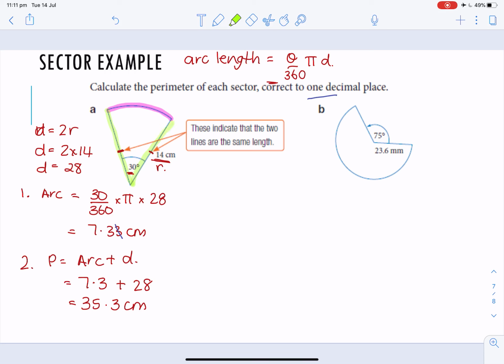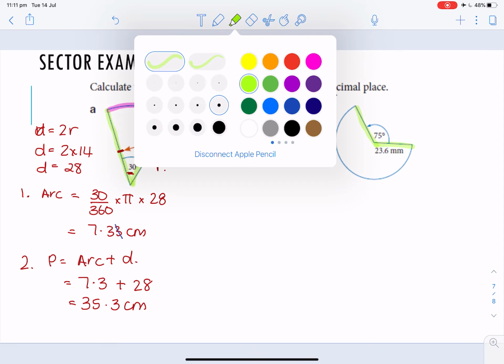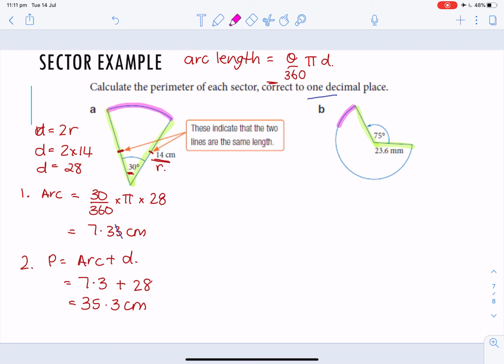Now part B gets a little bit trickier. Calculate the perimeter of each sector correct to 1 decimal place. Now I've got myself a radius and a radius, and I need to find my arc length around here. But I don't have a theta within the circle.